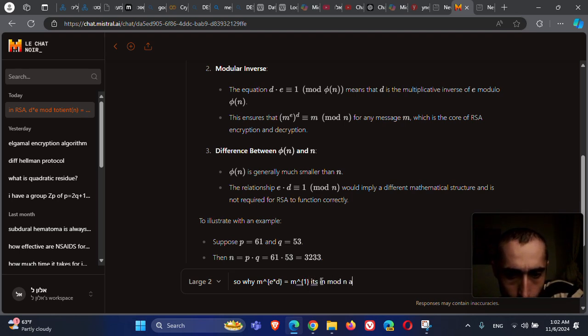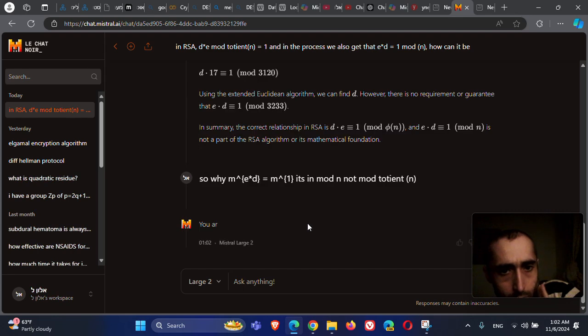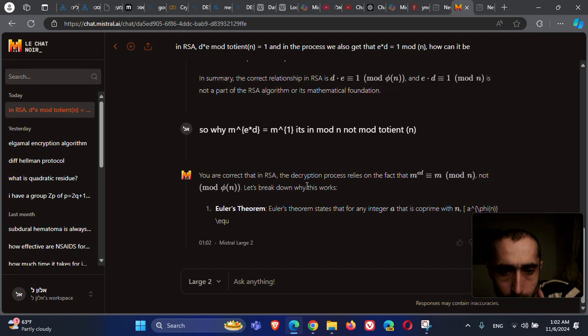It's in mod n, not mod totient of n. You're correct, and the encryption relies on mod n.